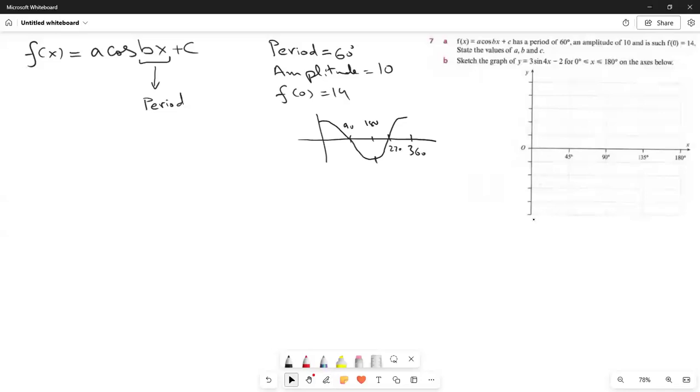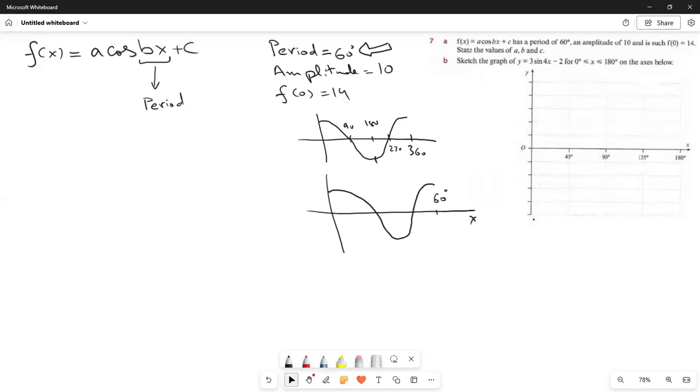But now we are told that it completes its period in 60 degrees. So when x goes from 0 to 60 degrees, in this interval of x, your cosine signal completes a complete cycle.